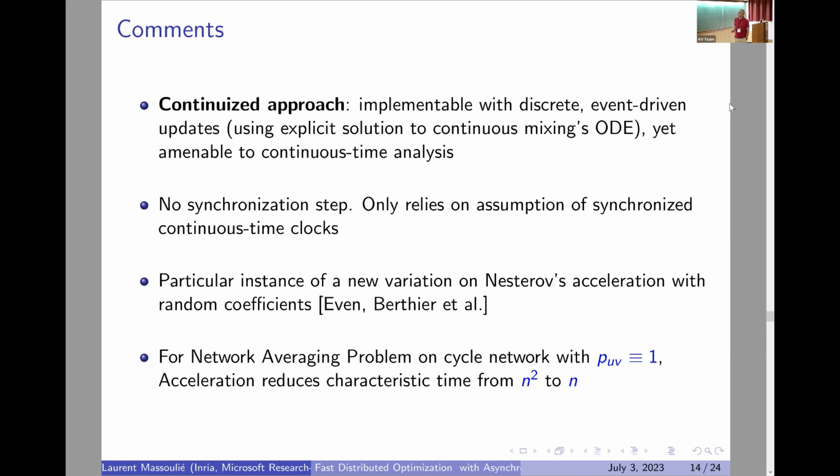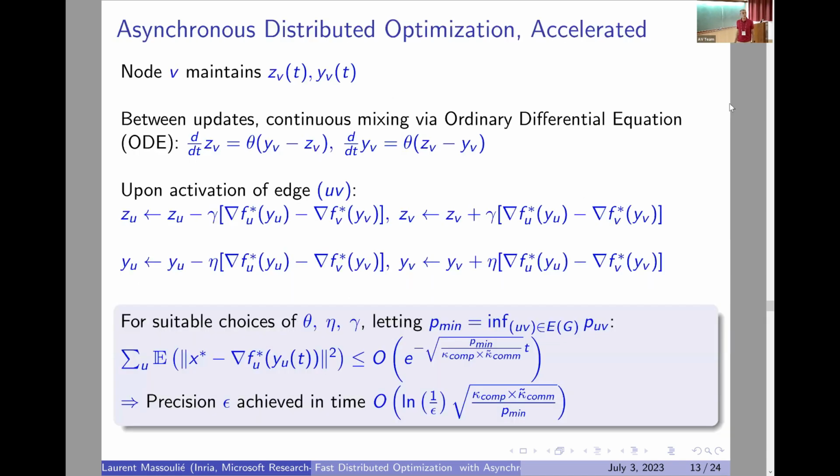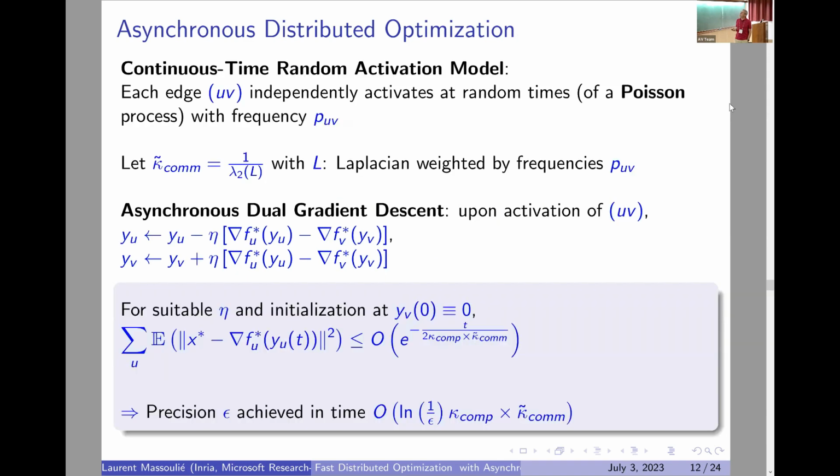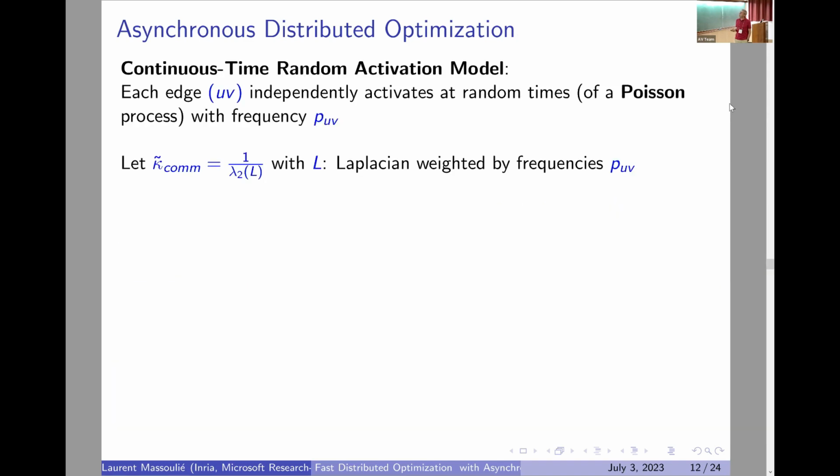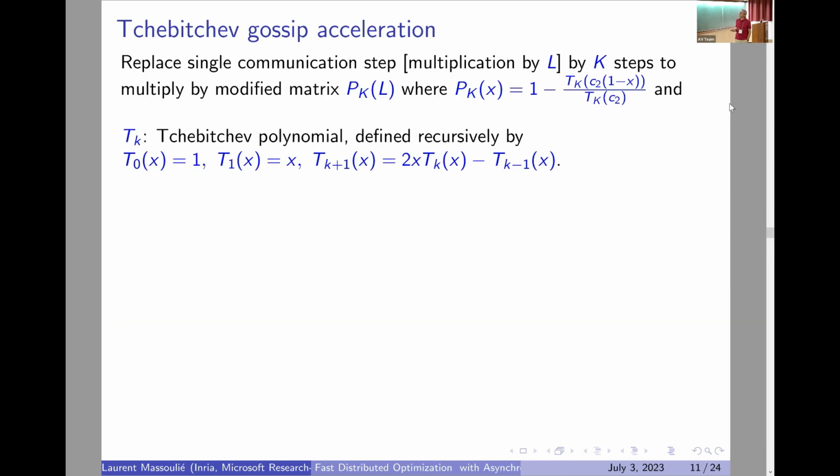So some remarks about this scheme. So we coined this, yes? So it is affected indirectly because between two updates, Z and Y are pulled together. And so this is a little bit like what we had in the previous Nesterov scheme.